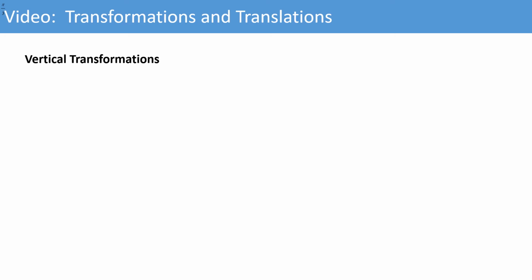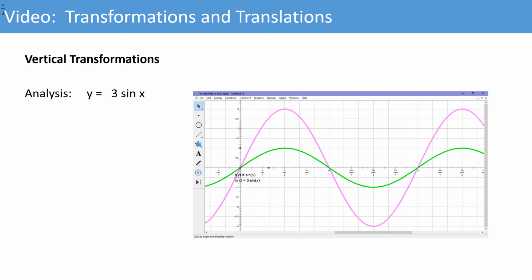Now we're going to look at vertical transformations. We're going to look at the equation y equals 3 sine x and its comparative graph. This graph is shown in the magenta colored graph on the right-hand side.